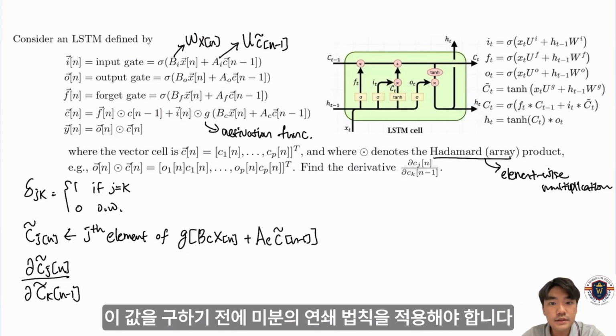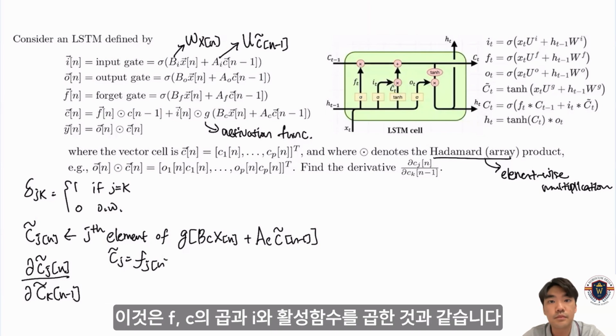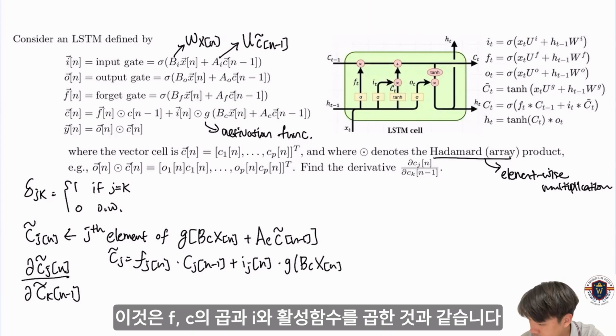Now, in order to define this, we need to define the candidate state of Cj, C tilde J, which is equal to Fj of n, dot product of Cj n minus 1, the previous state, plus the input gate Ijn, dot product with the activation function G of B C, the current state Xn, plus A C C tilde of the previous state n minus 1.